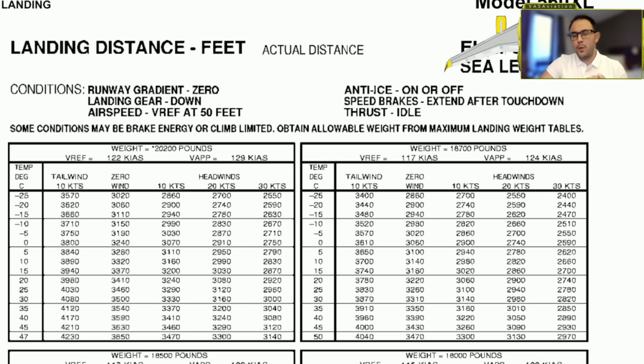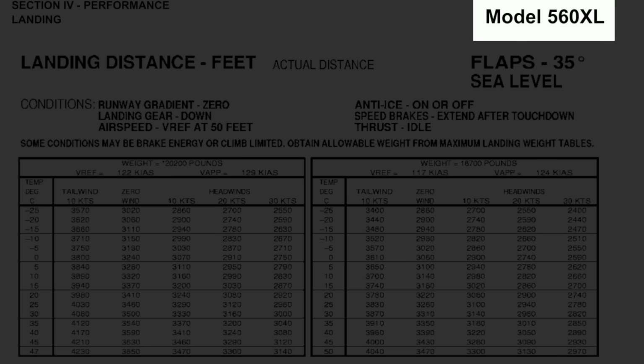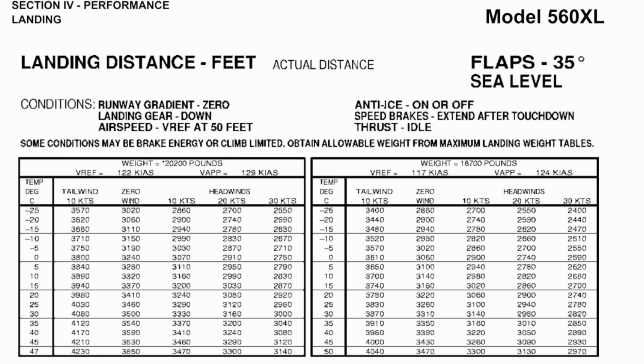Now let me show you another example. This is the landing performance table for the aircraft that I fly, which is the 560 XL. It is a completely different model from the 550. We are heavier, and we have higher takeoff and landing weights and speeds as well.